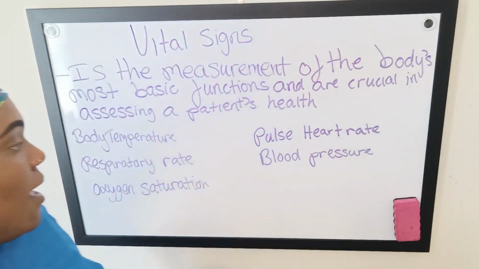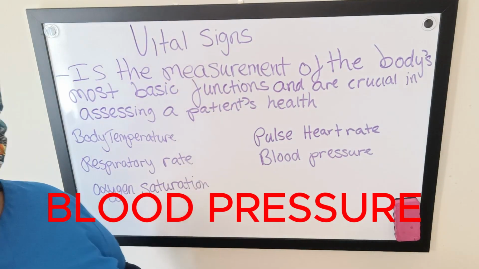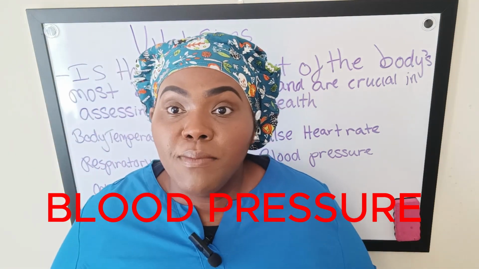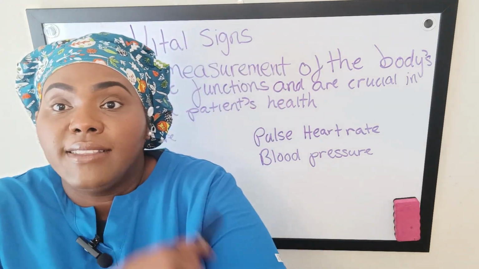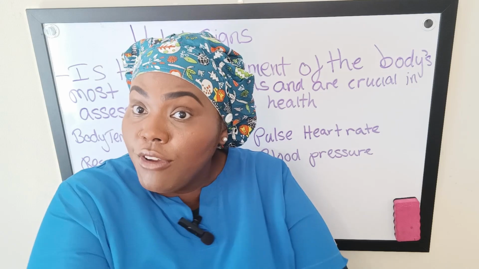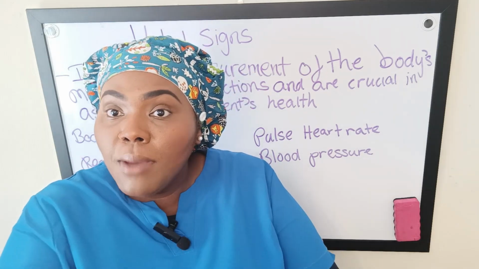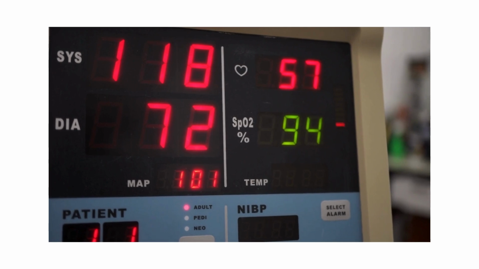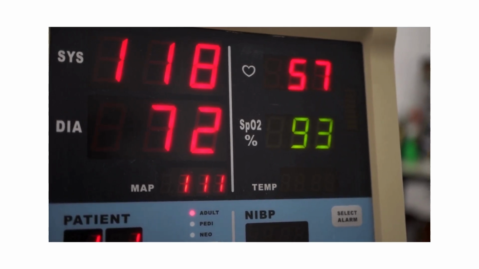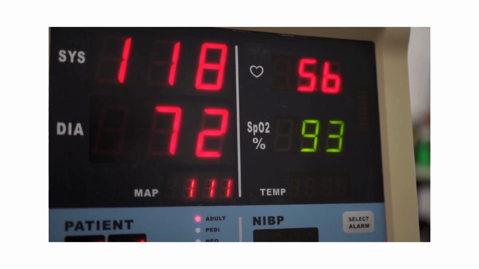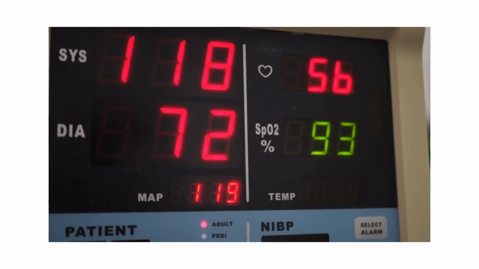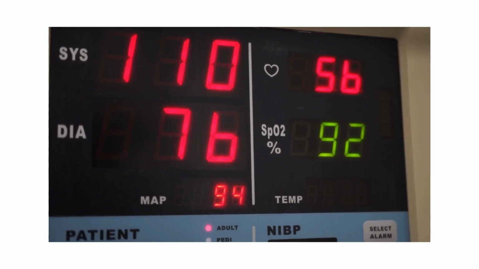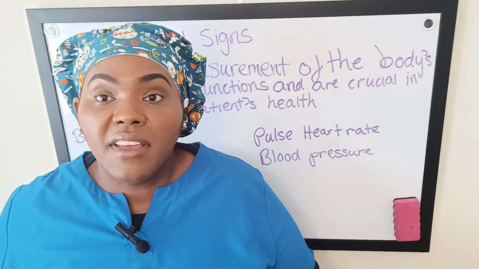And then blood pressure. We all know blood pressure is measuring the force with which the heart is pushing your blood, the pressure going through your body. If it's too high or too low, your body can respond negatively. Regular, we like to see 120/80 to about 135/90.